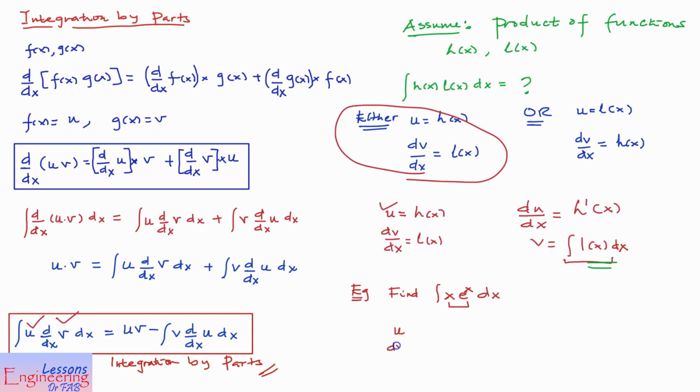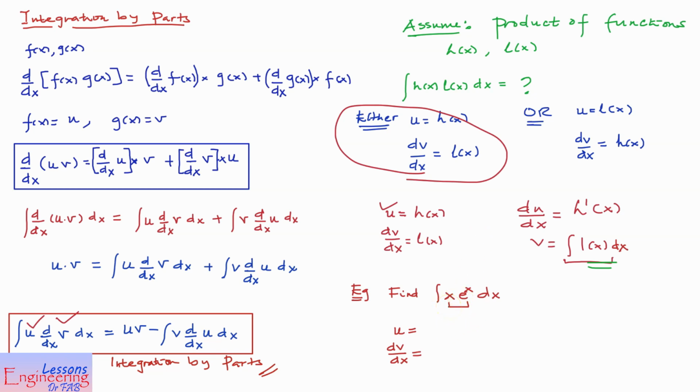u and dv by dx. Okay, so what's u? What's dv by dx? It is always going to be one of these. One of these will be u, the other will be dv by dx, or you can assume that to be u, the other to be dv by dx.